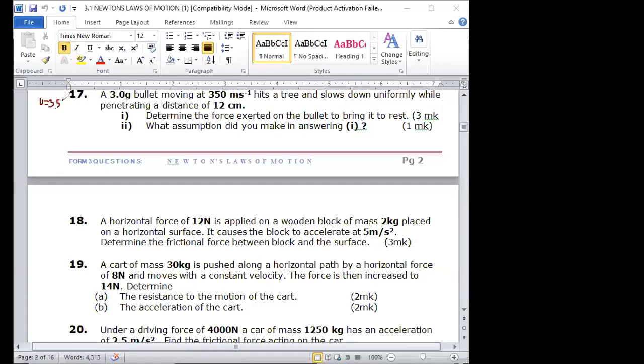Because it is to be brought to rest, the final velocity is 0. I would advise you to be writing the quantities first. It is going to penetrate through a distance of 12, so the distance S to be penetrated is 12.